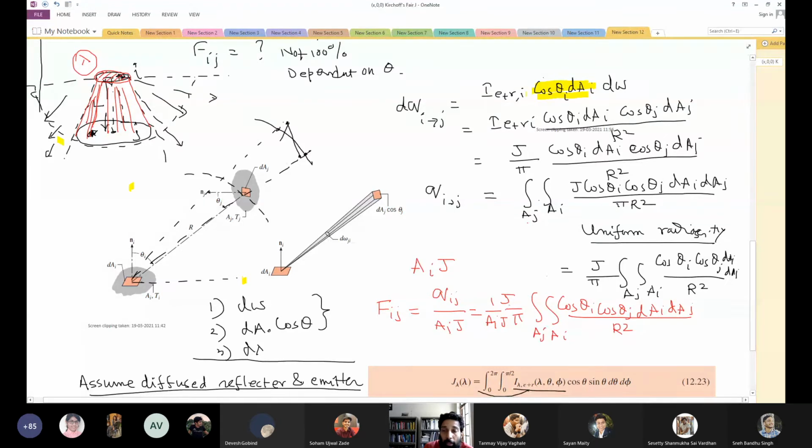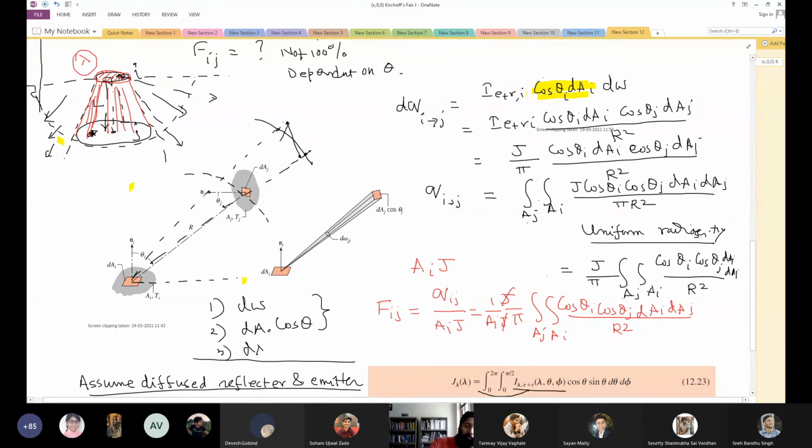Now you see that whether you have taken a certain lambda, you have to take this also at a certain lambda. If you have multiplied by d lambda, you have to multiply this by d lambda. So that's how these things will cancel. So ultimately we are left with 1 over AI pi, integral of cos theta I cos theta j dAI dAj over r square.